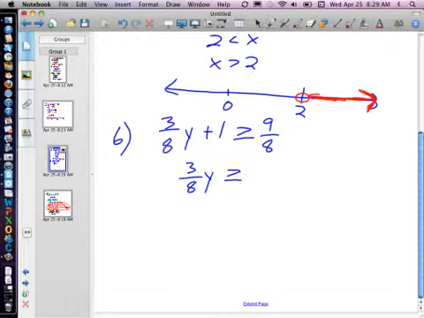That would be the same as, let me write this down, that 1 on the right side actually is going to look like 8/8. So 9/8 minus 8/8 is 1/8.